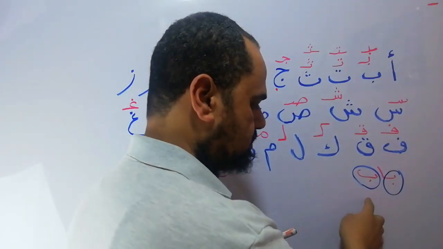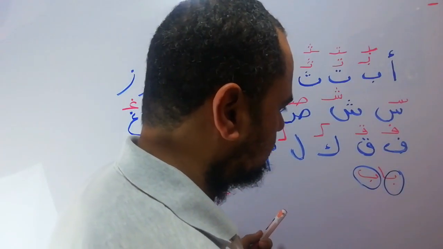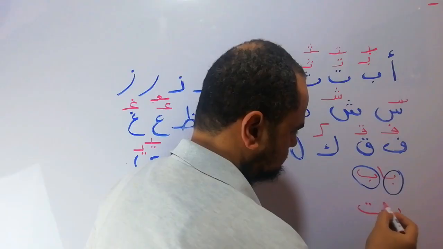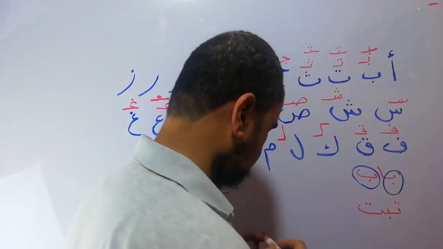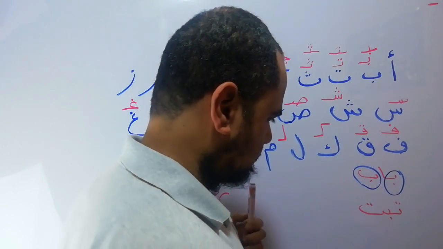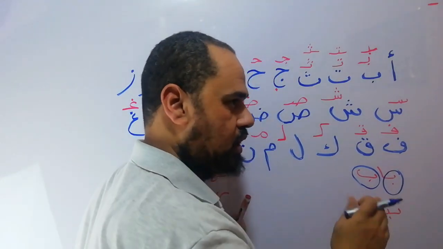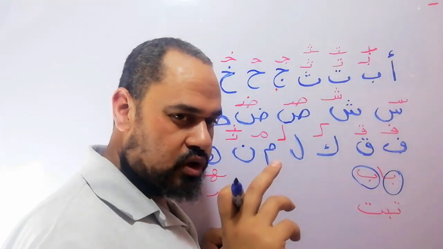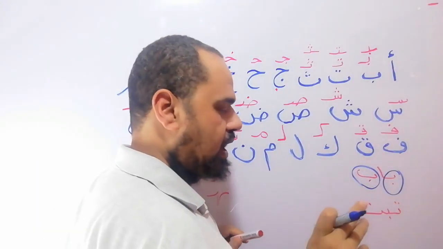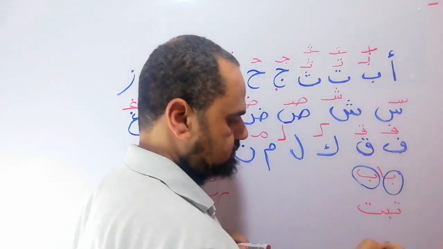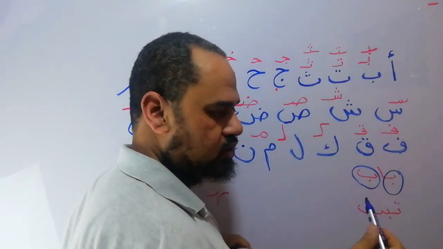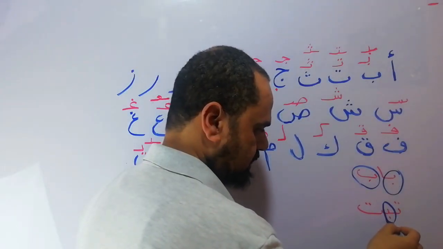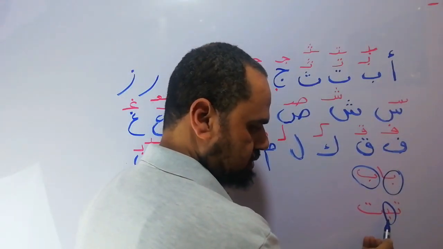If you find it in the middle, like the word, I don't want you to focus on the pronunciation or on how to connect them. Just focus on the shape of the letter, how to extract the letter. If we said, where is al-ba in that word, you will refer to that one, and it has that shape in the middle of the word.